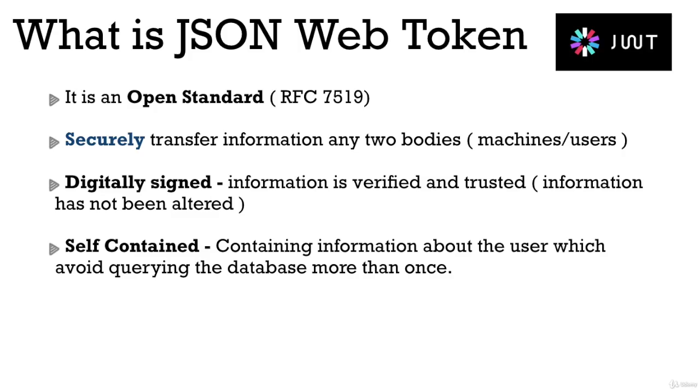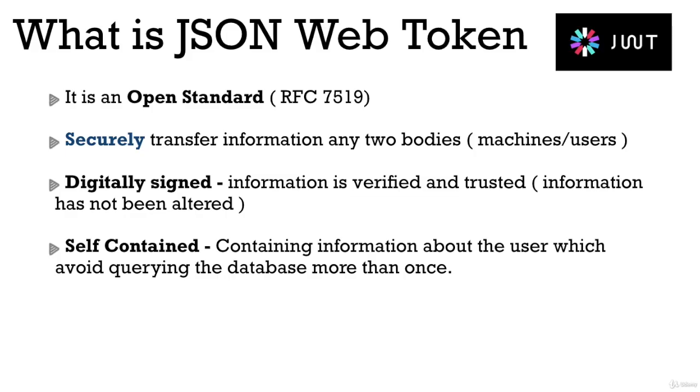By self-contained, what we mean is it contains the information about the user like user ID, username, password, email, or some other custom fields, and it will save time by avoiding querying the database more than once.